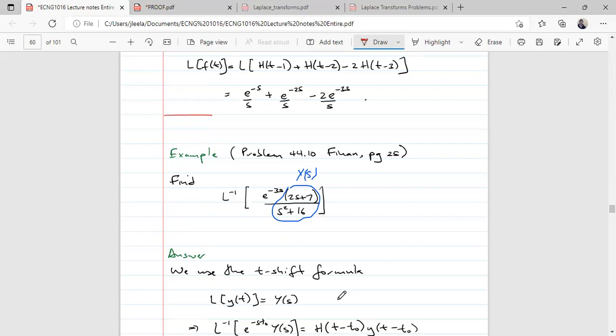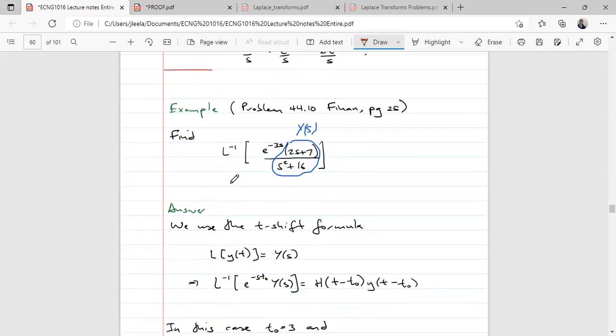So remember when you're finding the Laplace inverse, right? What I do, I circle this part here, because you could find the Laplace inverse of e to the minus s t naught times Y of s. And in this case here, your t naught is 3. So this here is my Y of s. And here now you could use the t-shift formula, right?